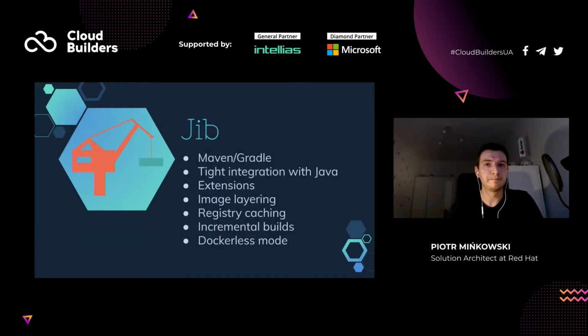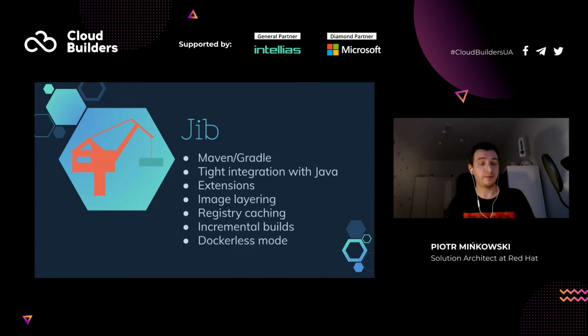Let's start with Jib. It's an open source tool maintained by Google, and it has been released in a stable version for the first time in 2018. It builds optimized Docker and OCI images with no need to maintain a Dockerfile. This tool is written in Java, and what is probably the most important, it is dedicated only for JVM-based applications.